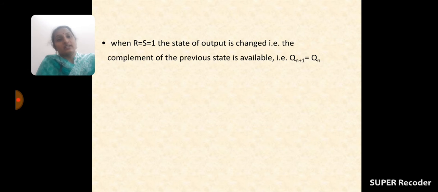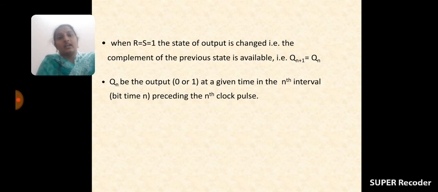But in the previous case, in RS flip-flop, if R is equal to S is equal to 1, the state of output is not changed. It falls in hold condition. But here the output changes; that means the complement of the previous state is available.